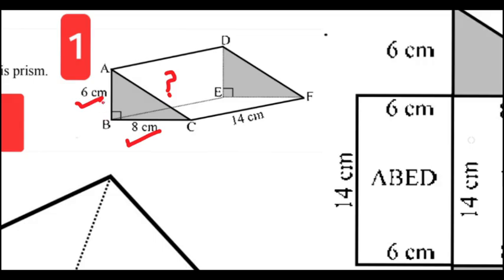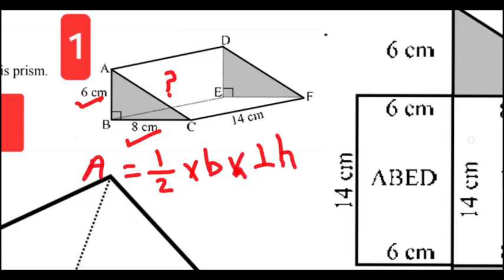So always look at the triangle. Whatever side is missing, you use the Pythagoras to find that side. Then the area of the base will be 1/2 multiply base multiply perpendicular height. So this will be the area of the base.